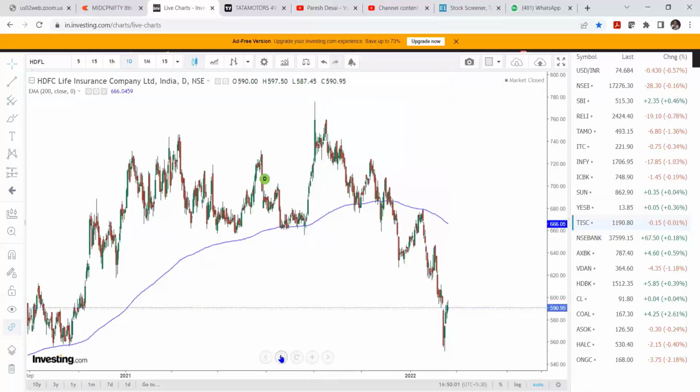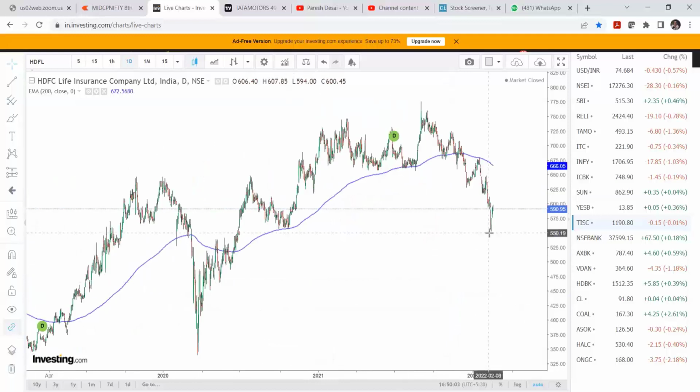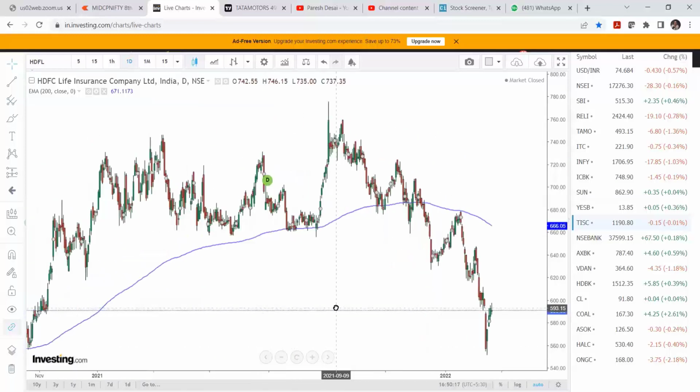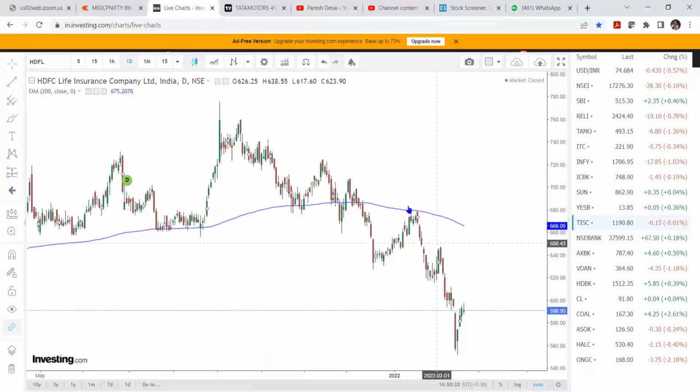If it is way below the 200-day moving average, it means the stocks are at very good valuations at that point of time. Obviously, no one is asking you to catch a falling knife. Whenever you are investing in these types of stocks which have corrected, those are opportunities. Why?